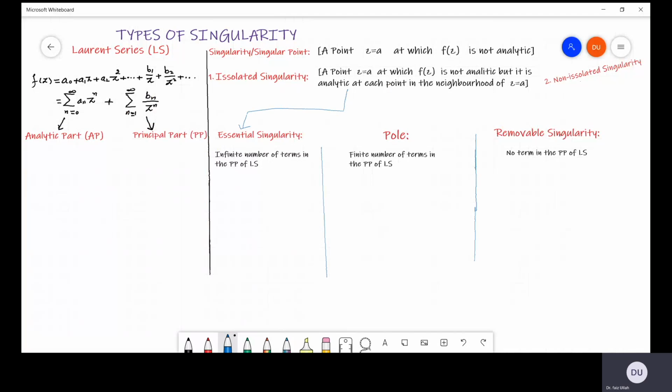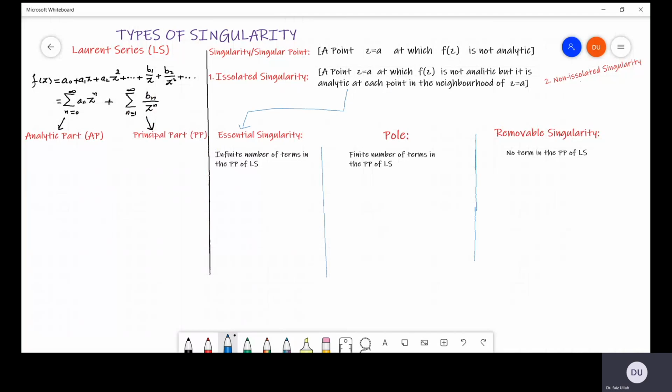In other words, if we are given a function and we express it in Laurent series form and look at the principal part of the Laurent series and there are an infinite number of terms, then that type of singularity will be called an essential singularity.